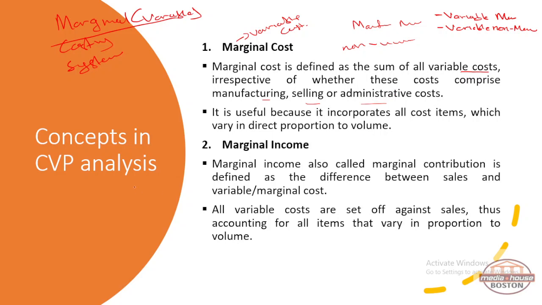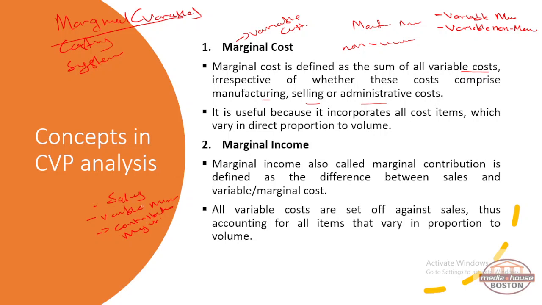So for decision making, you're going to have your sales less variable manufacturing. This is another accounting concept, in case you go and watch the recordings and other sources that will explain the concept. Then here you're going to have what we call contribution margin.